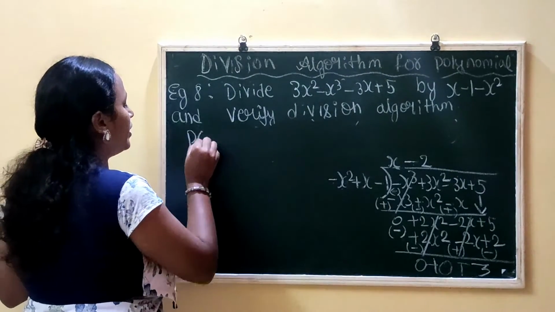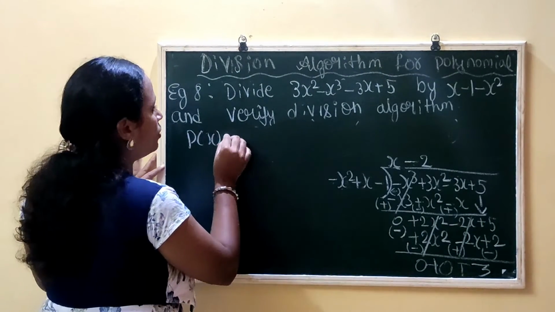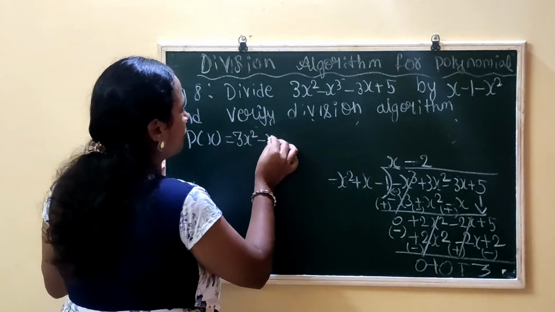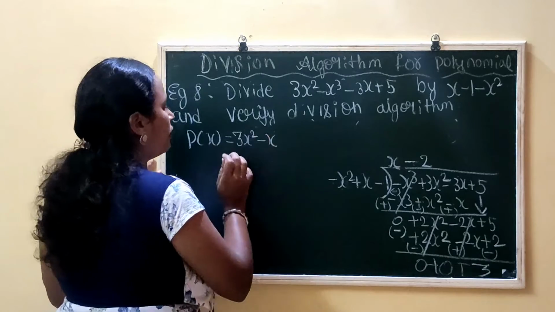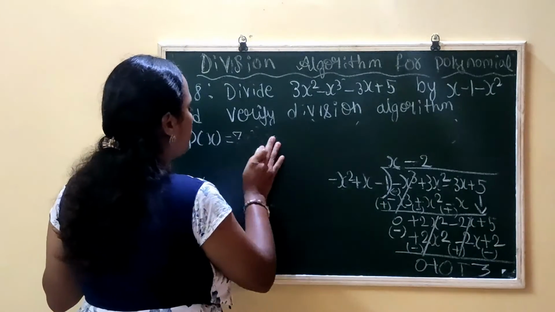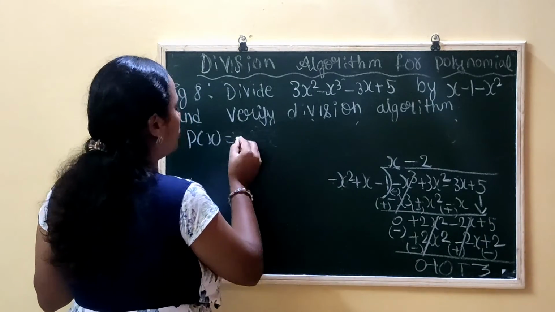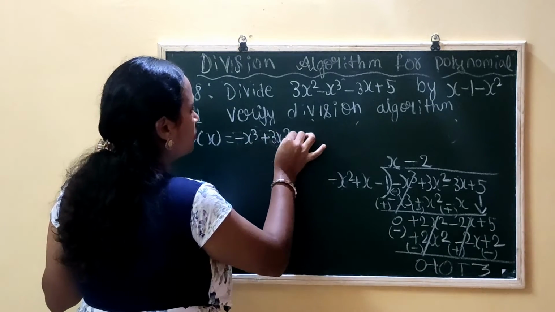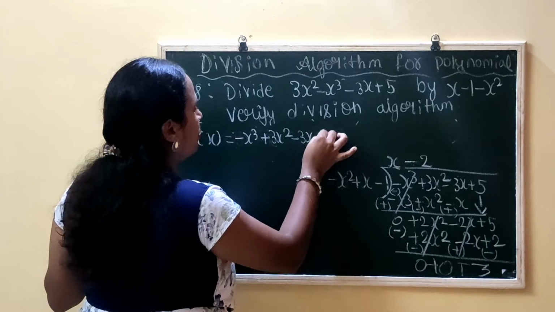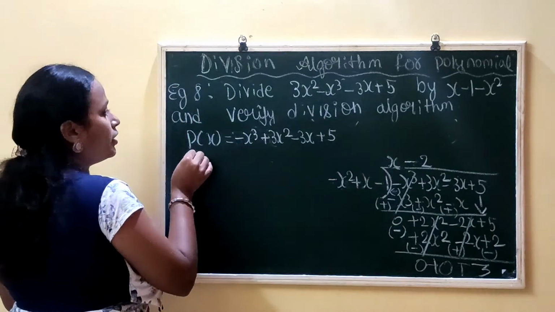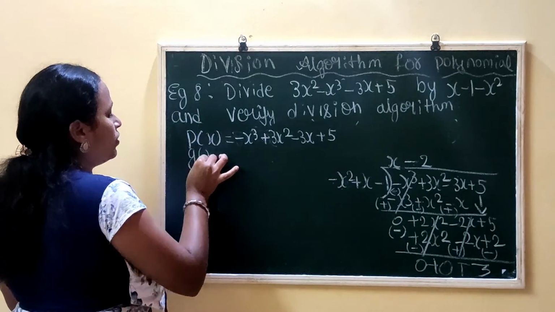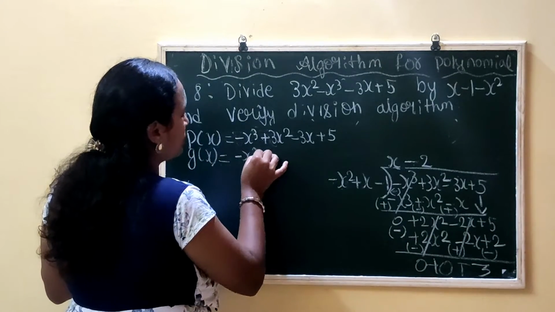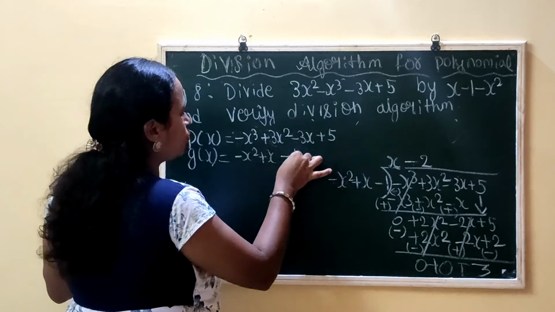So now we will try to verify the division. So we will write the value of P of x. P of x is what? P of x is 3x square minus x cube. Okay, we'll rewrite this by arranging the terms: minus x cube plus 3x square minus 3x plus 5. Okay, and G of x is nothing but the divisor, right? So it is equal to minus x square plus x minus 1.